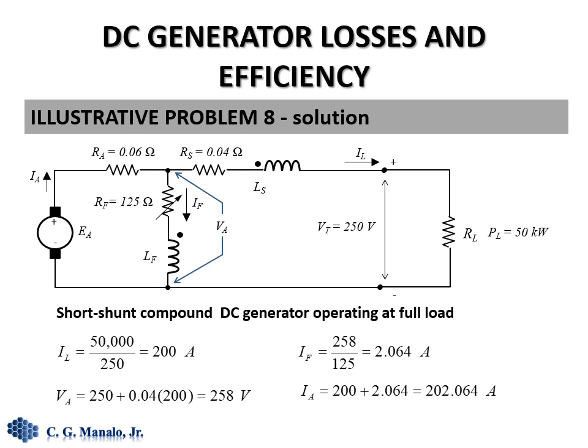Okay, so here is the solution. First we compute for the load current, which is the load power, equal to the rating of the generator, divided by the terminal voltage, which is also the rating. So we will get a current of 200 amperes.